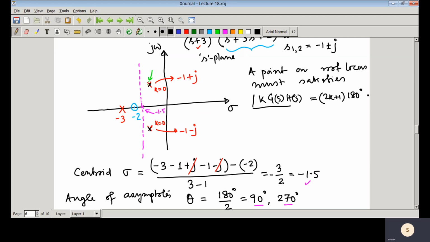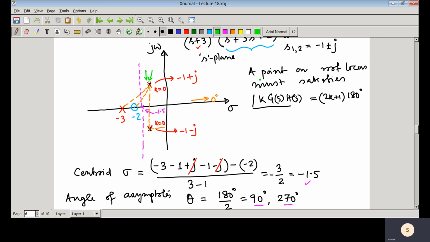Now here we can see that if we draw the vector from this pole, the open loop pole, and this zero, and here you have one pole. This is the reference axis, that is 0 degrees. Now you can see that we have considered a point which is very close to this particular pole.